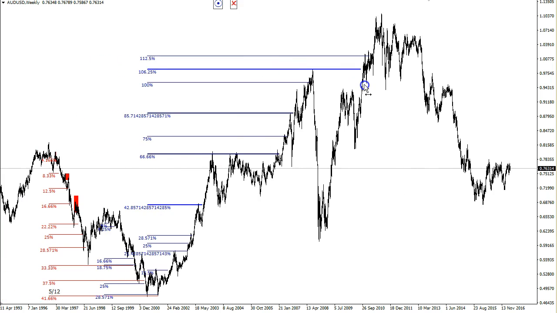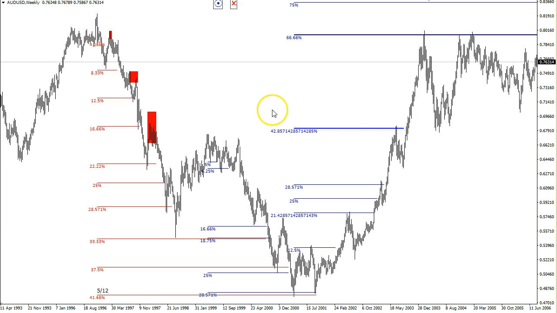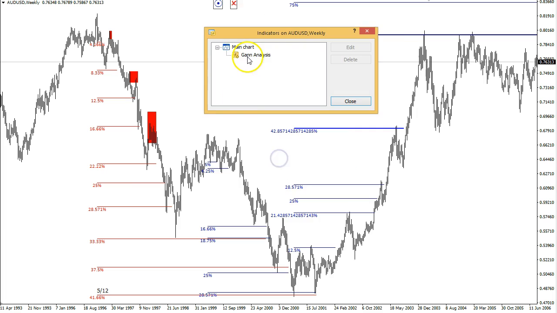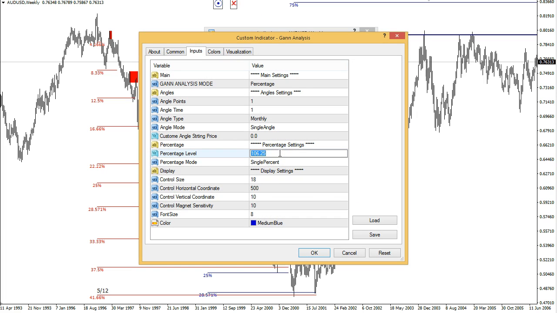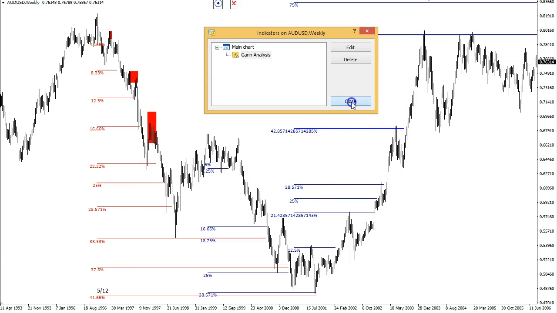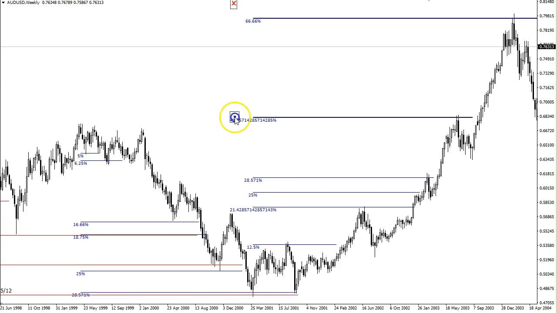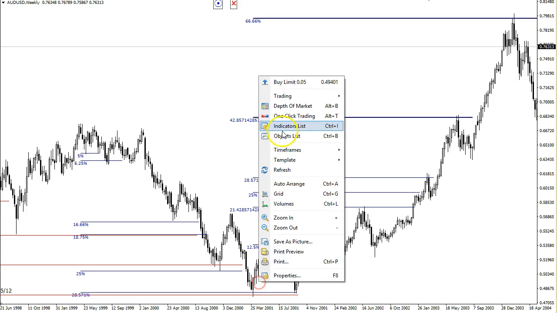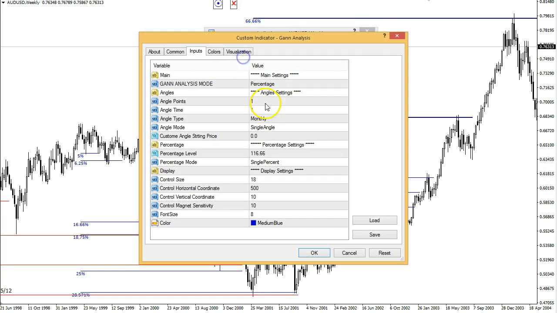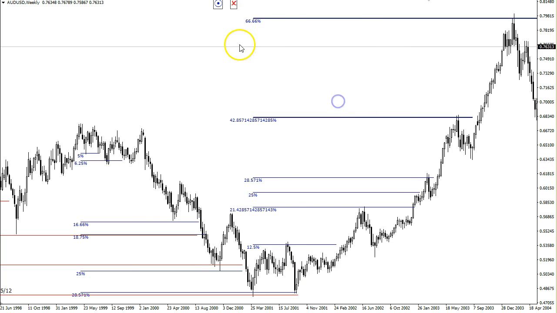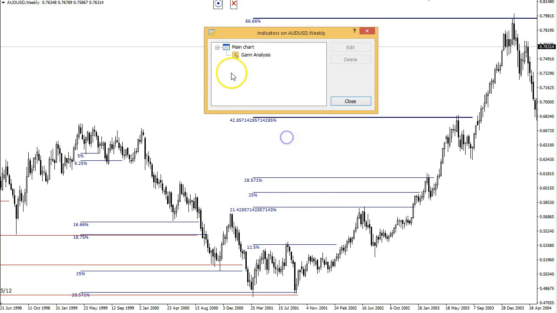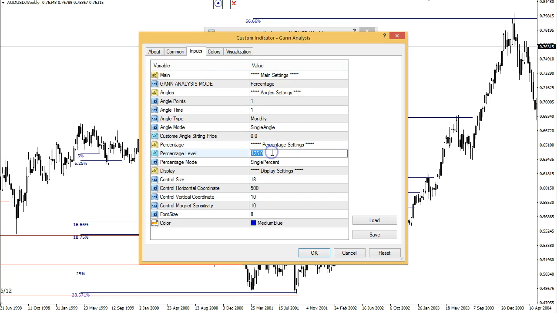So after the 112, you have 125 and 133.33. So we'll put it together now. You have 116.66 first, then 125, and you have 133.33 in the future.